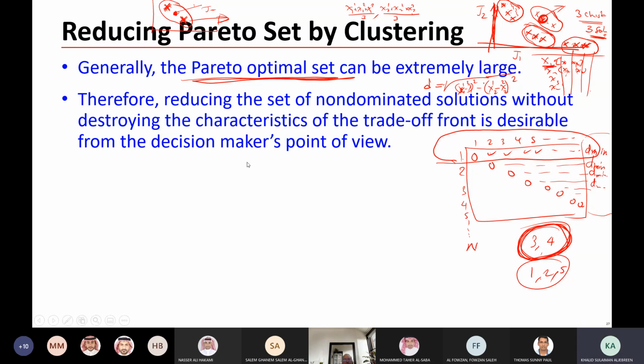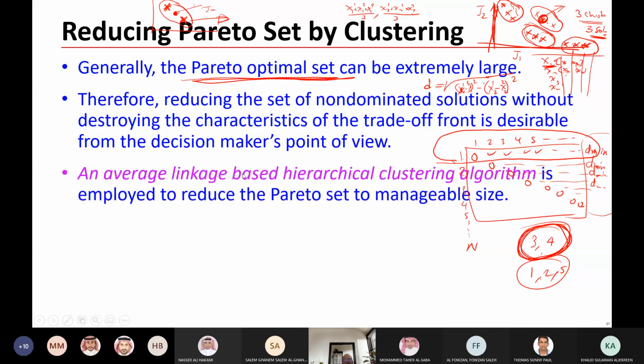Okay, so this clustering is usually the case in multi-objective optimization, especially if you have real valued solutions. The parameters are real valued parameters. Average linkage is one method of clustering. An average linkage based hierarchical clustering algorithm is employed to reduce the Pareto set to manageable size.